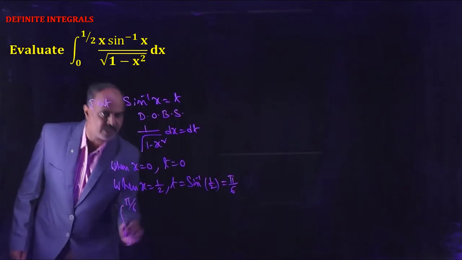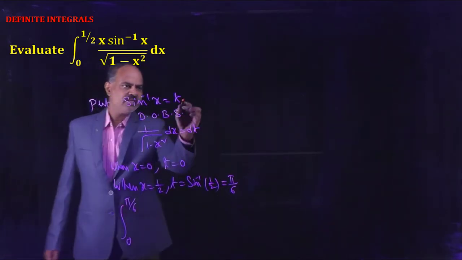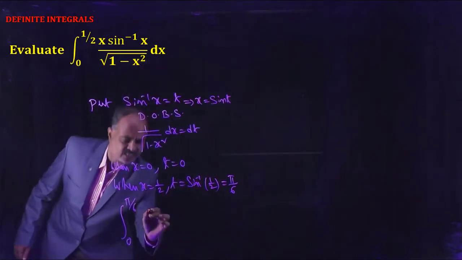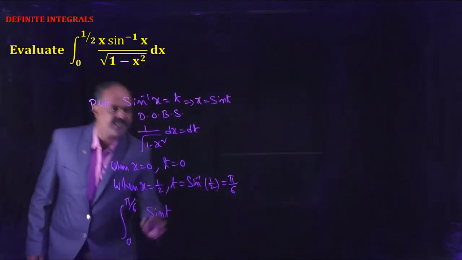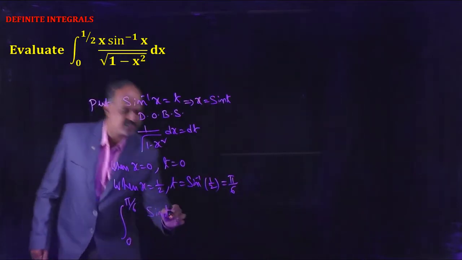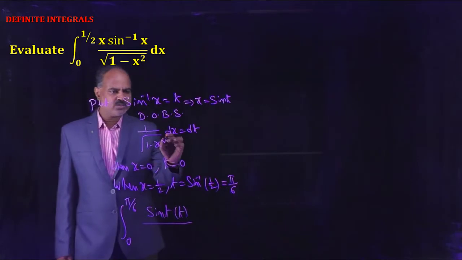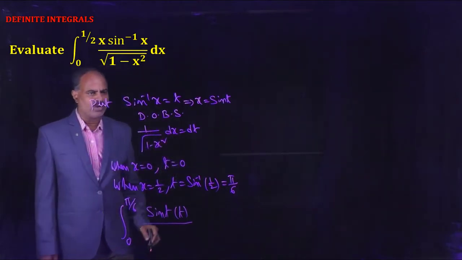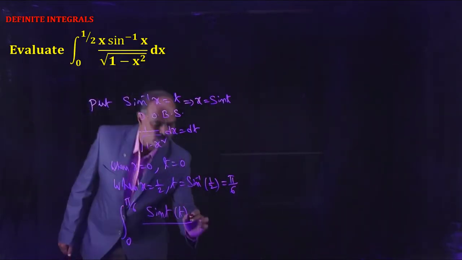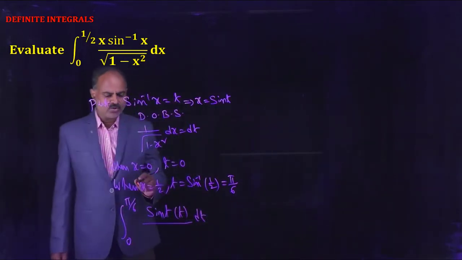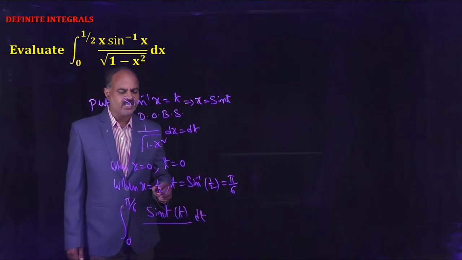This implies x equal to sin t, and dx by root over 1 minus x square equal to dt. So this is equal to integral 0 to pi by 6 of t sin t dt.